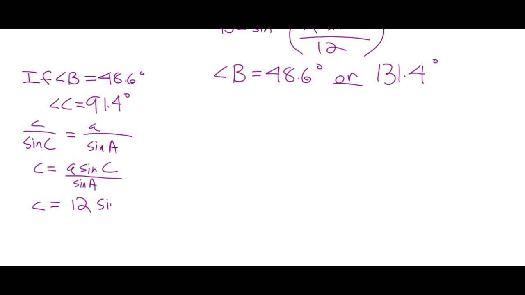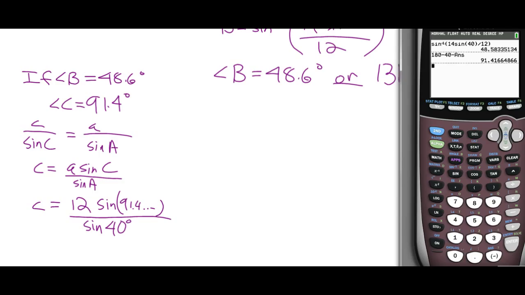Angle C, sine 91.4 and so on, divided by the sine of angle A, which is 40 degrees. So we're using this number: 12 sine of the second function answer, divided by sine 40, and we get 18.7.